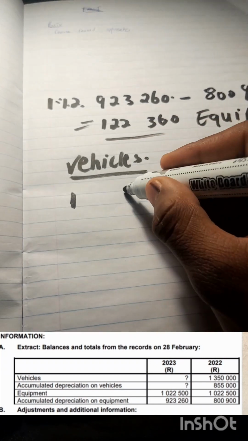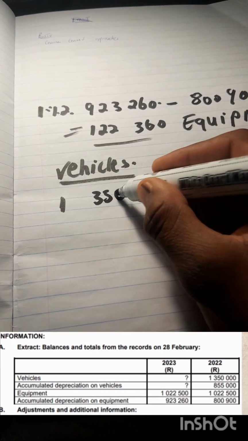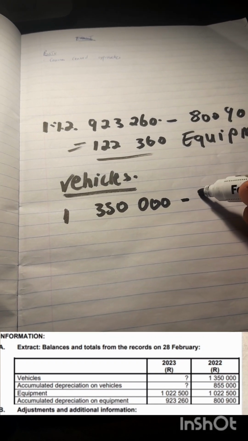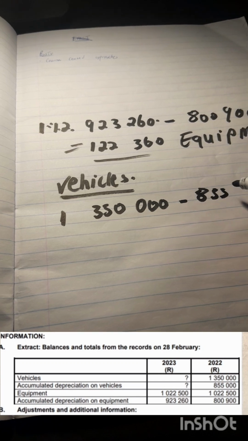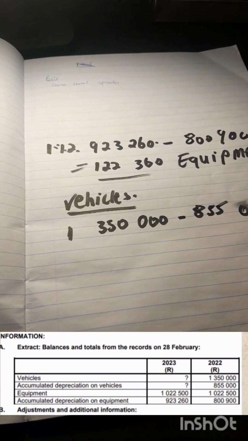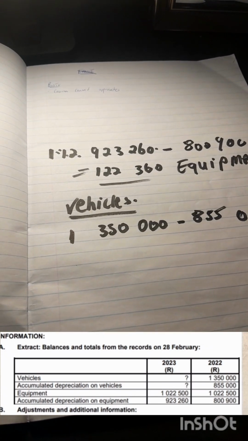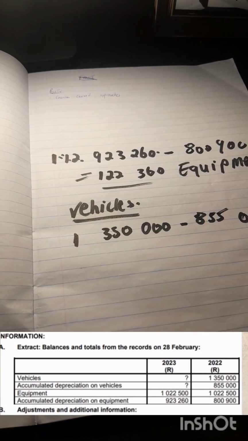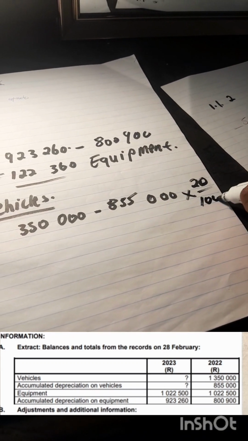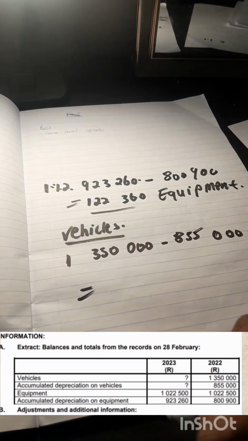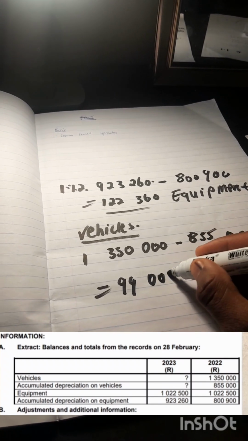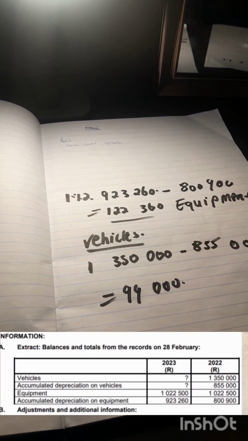The cost is 1,350,000 minus accumulated depreciation, times 20%. 20% is 20 out of 100, and you get, let's calculate, 99,000. That is the depreciation.